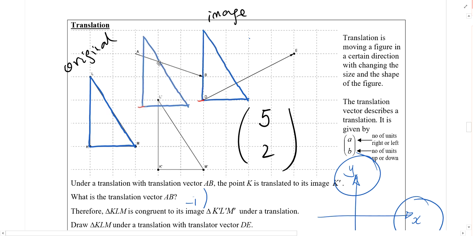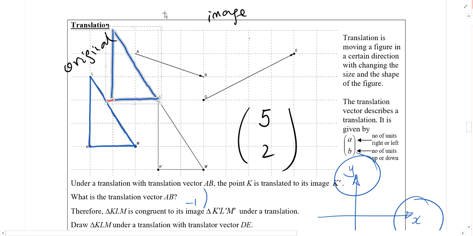If I put it, for example, here, what is this translation vector now? What is the first number? 1, yes. Then 2. Enough example already for translation?